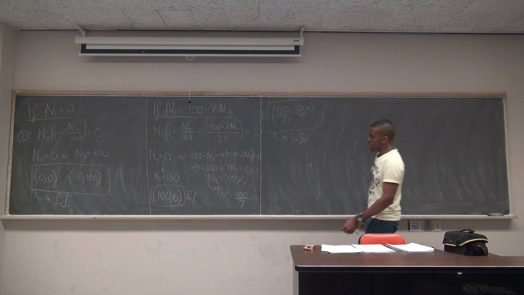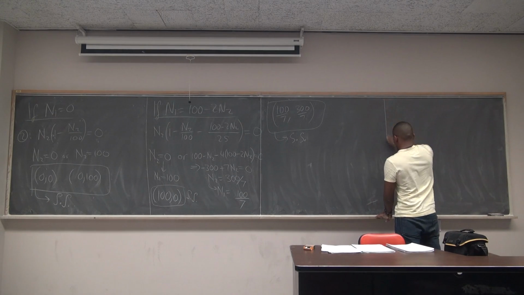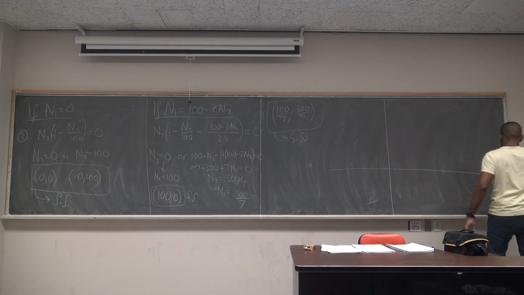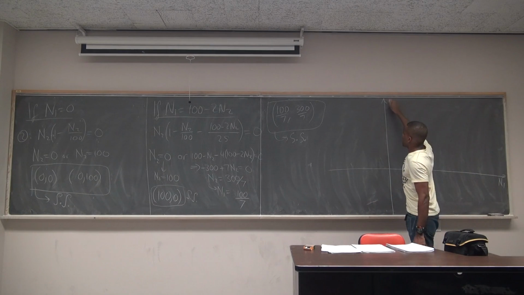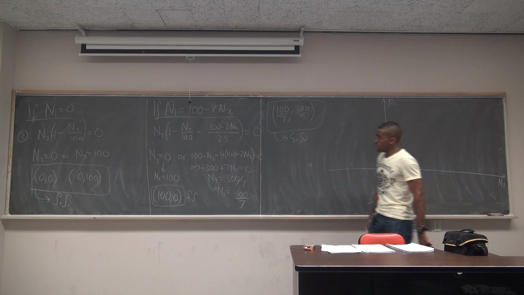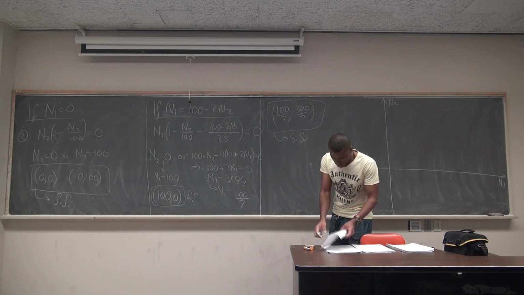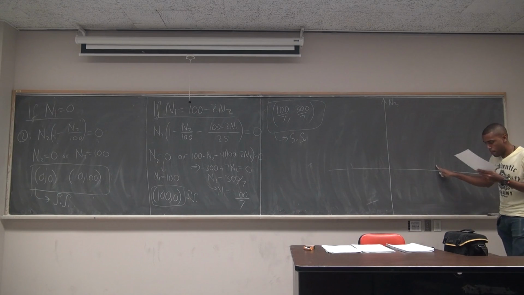And now we can start to graph stuff. It's the n1 axis, that's the n2 axis. What does the n1 null plane look like? Where are the intercepts?